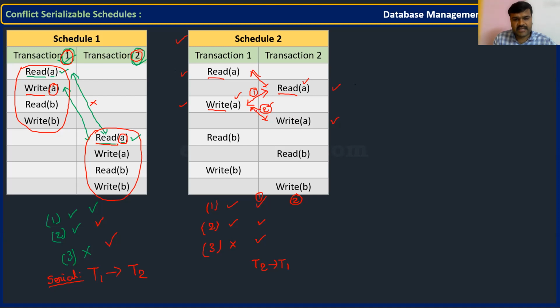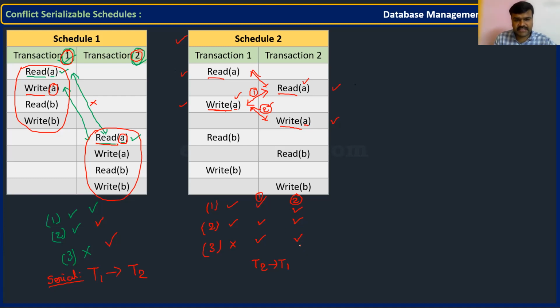Both have the same data item, so the first condition is fine. Then both belong to different transactions. Then at least one of them is a write operation, and here both are write operations, so not a problem, right? So this is what you can write.